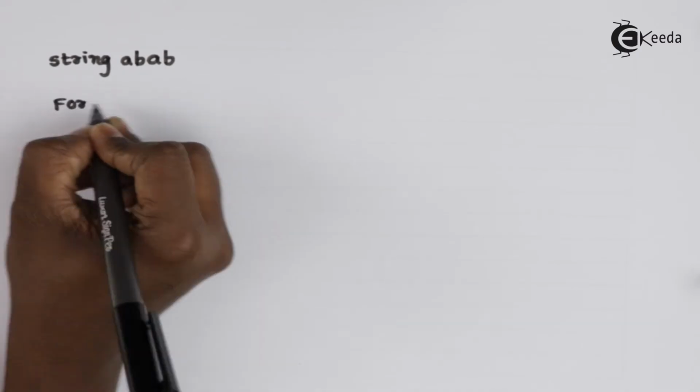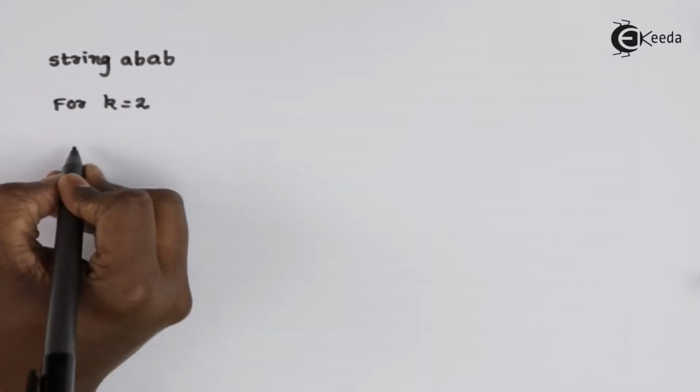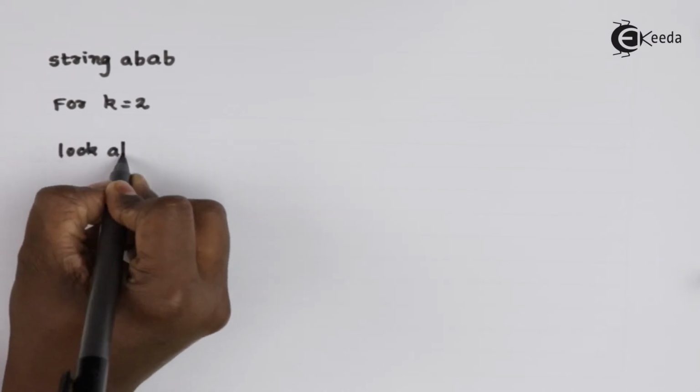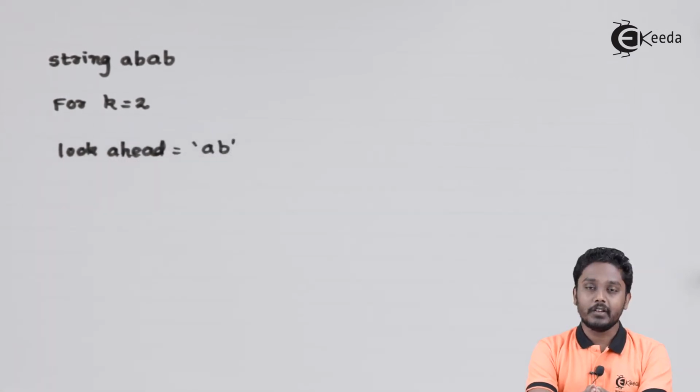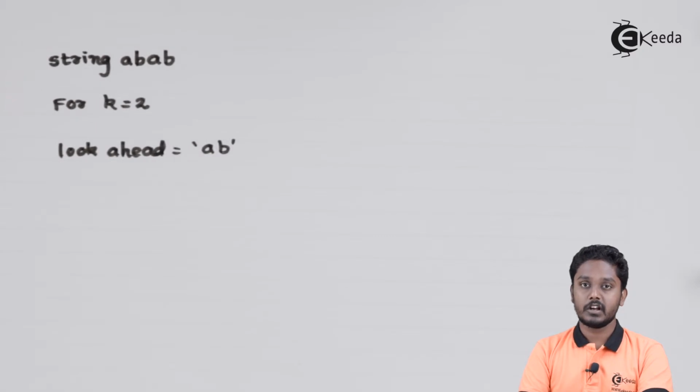So the string that we are going to take as lookahead would be AB. We have to check whether we are able to decide any one production for this string. Let's start with the first one.